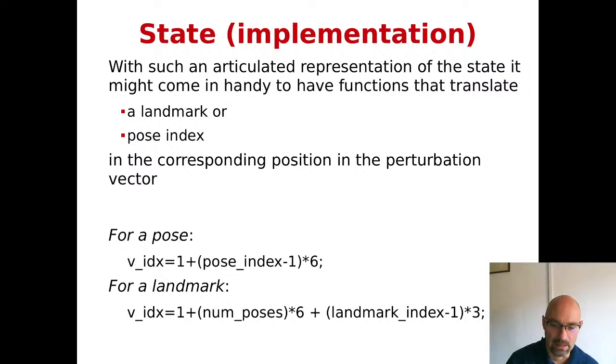Having introduced this representation of the box plus and of the state, from a purely programmatic point of view, it comes in rather handy to have functions that, given a variable, like for instance the first robot pose or the third landmark, are capable of identifying the index within the perturbation vector from where the perturbation of that variable starts.